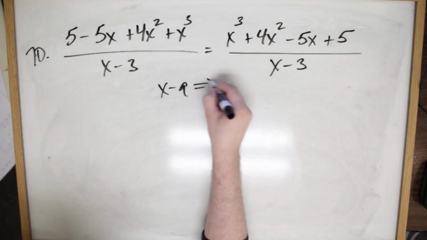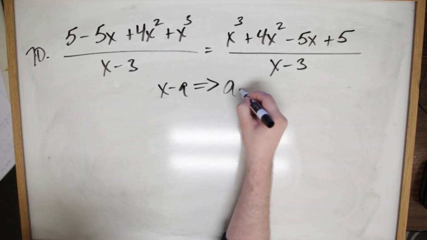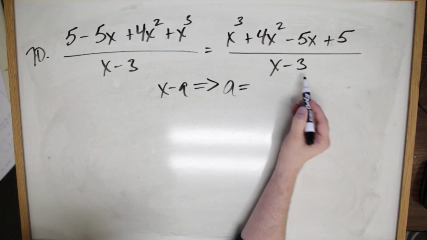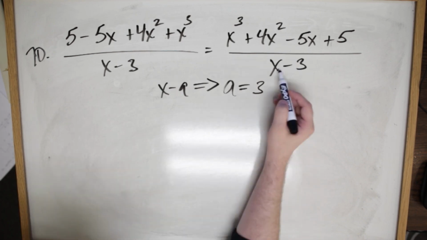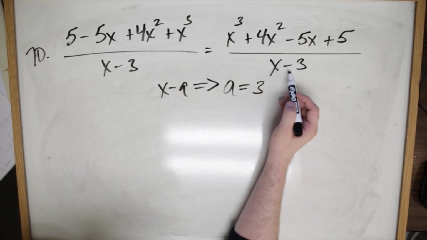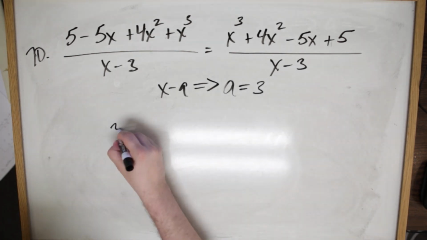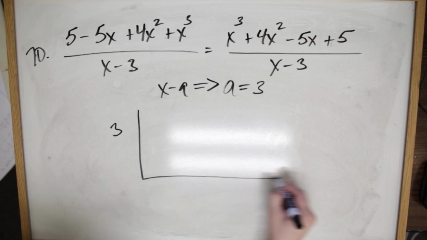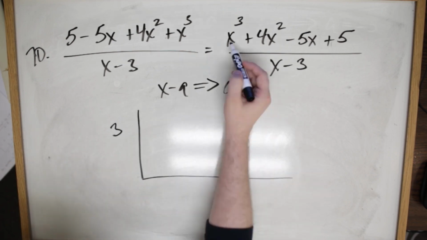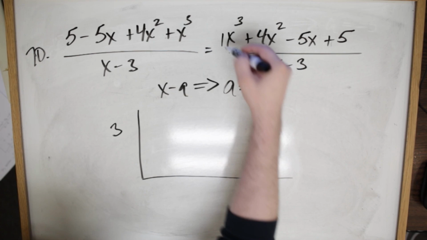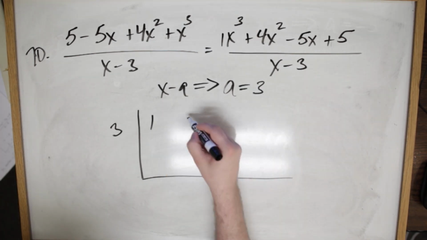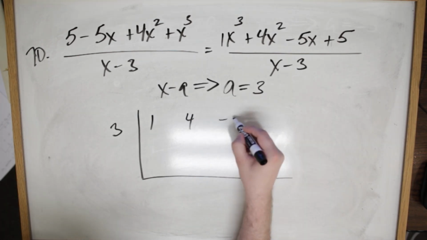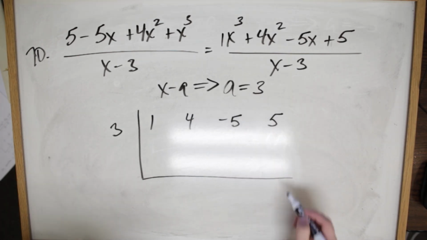That implies that a is going to equal, in this case, a positive 3. Remember, it's the opposite of whatever sign is here in your binomial. So now we put the 3 outside. We'll do the box again. And we're going to use the coefficients from this top piece. So it's going to be 1, 4, minus 5, positive 5. Okay?